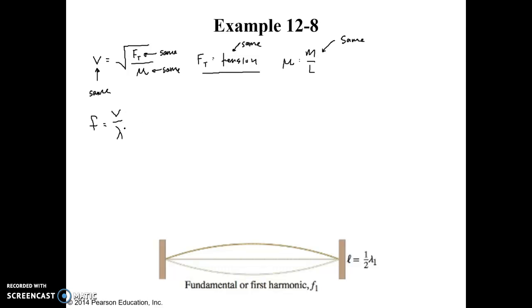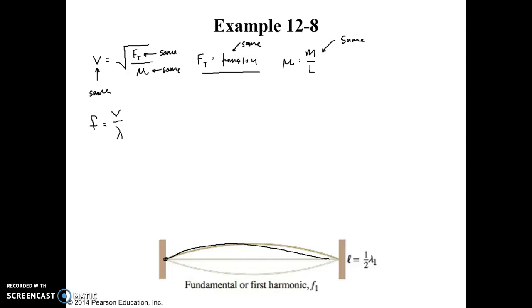And so the frequency is going to be 150 times greater for the high string than the low one. And the length of the string itself is related to the wavelength.